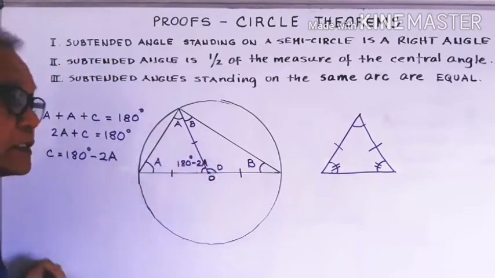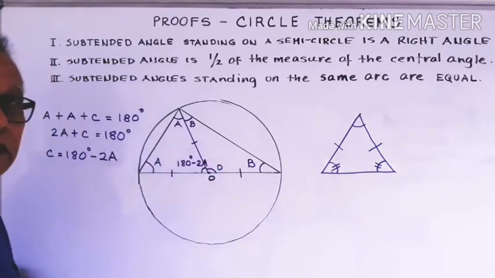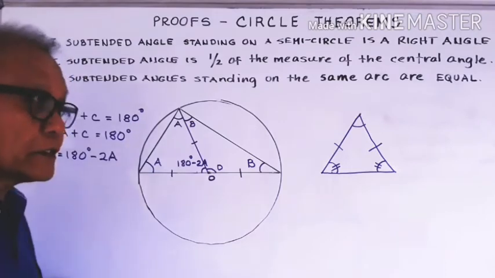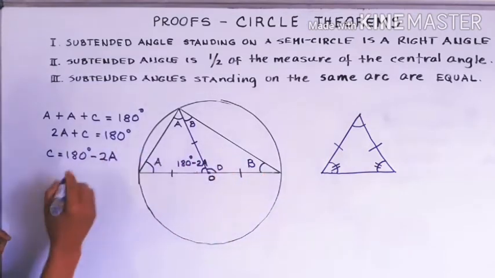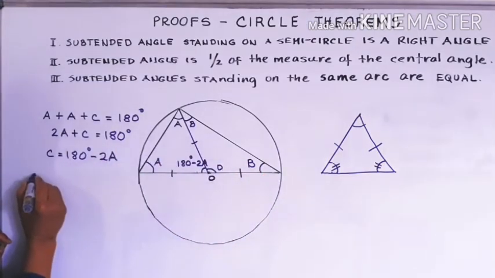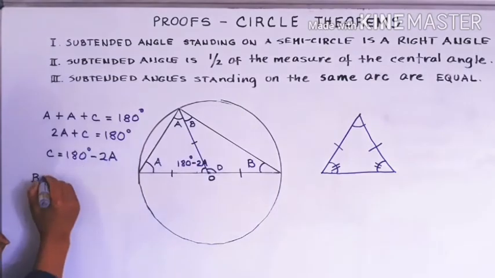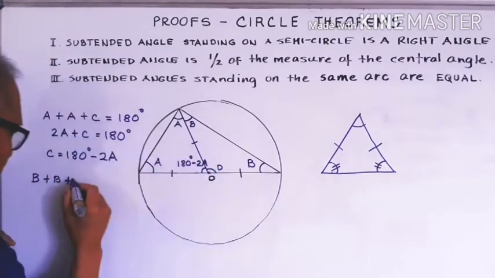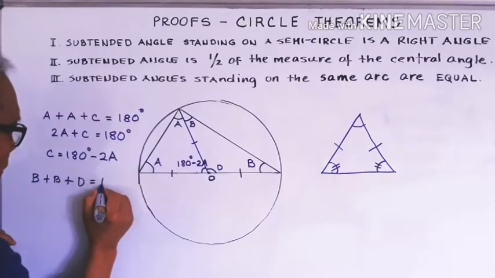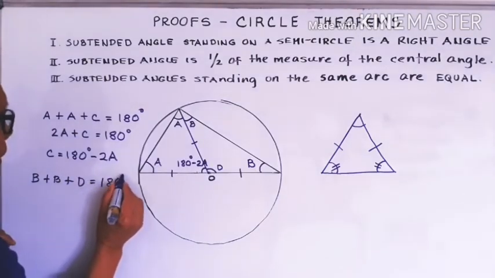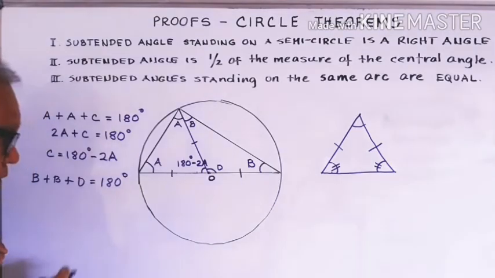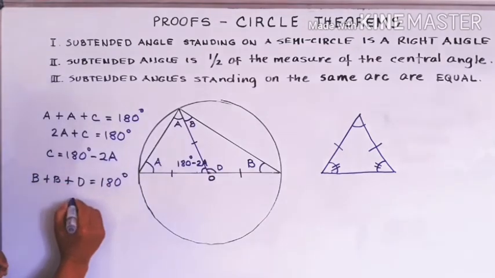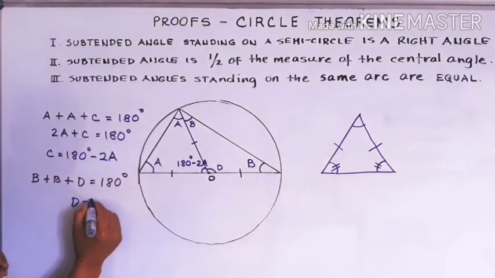So, this is a triangle, and we know that the sum of the interior angles is 180 degrees. So, we have B here plus B there plus the D here is equal to 180 degrees, right? Then we solve for D because we are going to replace the D there.